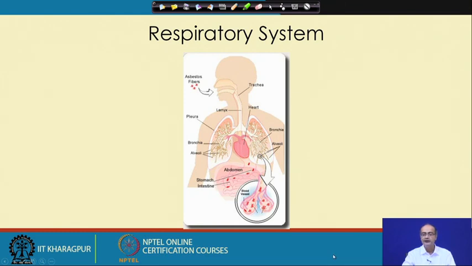Without respiration we cannot live, and when we try to inhale, the first thing that we do is increase the volume of this chest region, and it is creating a low pressure here, and because of that, from outside, where the air pressure is more, the air is getting inside the body, what we call inspiration.